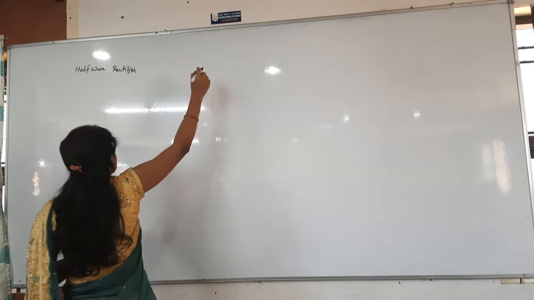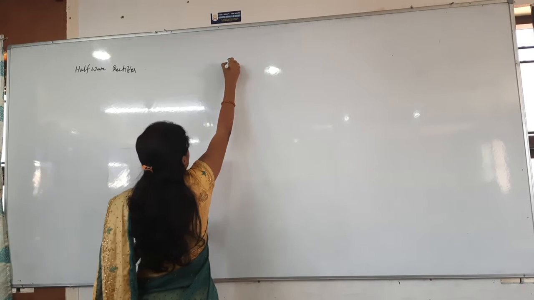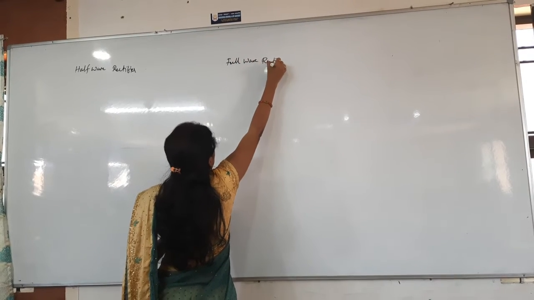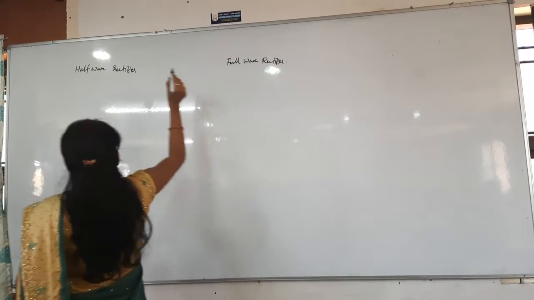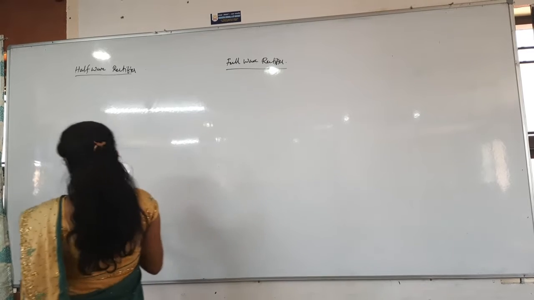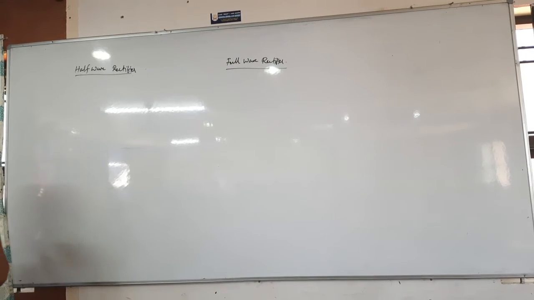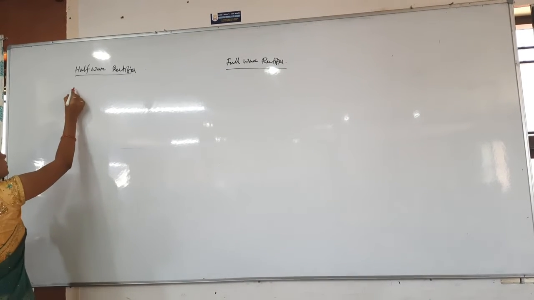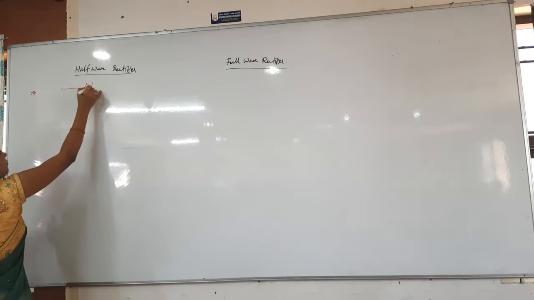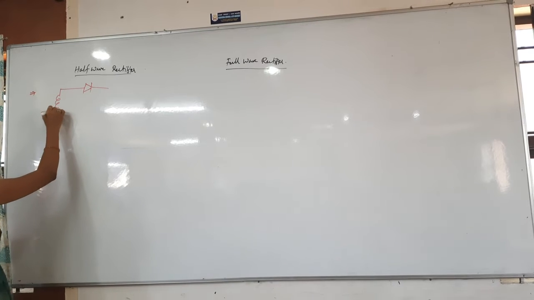First and foremost, you write: a rectifier converts an AC signal into a DC signal.